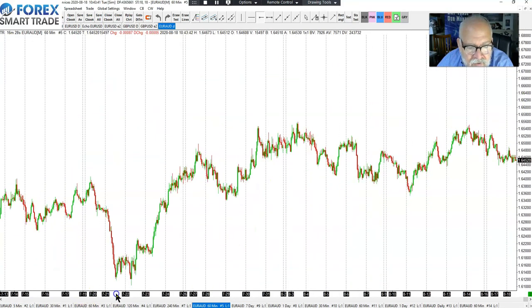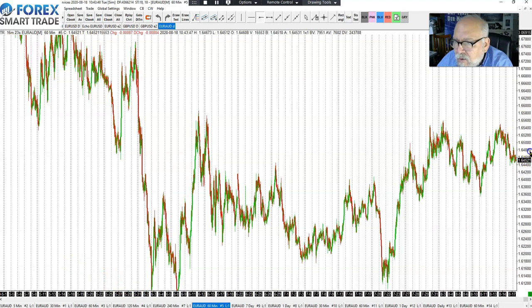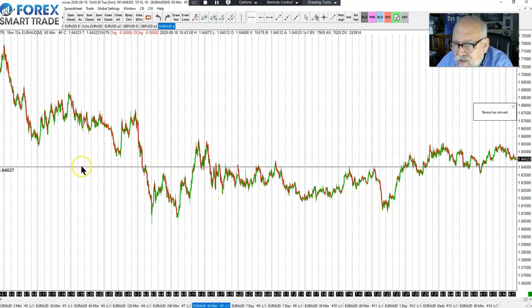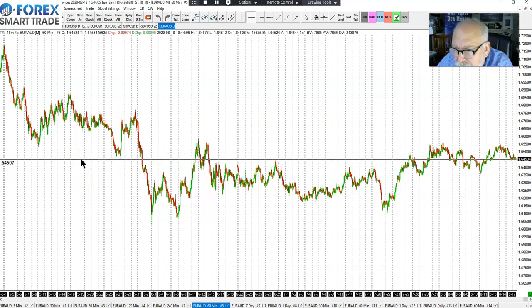On my charts, if it's a chart I trade a lot, I already have the support and resistance on it. I don't trade this a lot, so I am going to draw the support and resistance on it. Support and resistance are spots where the lines seem to naturally stop. And I'll show you what I mean in just a second.